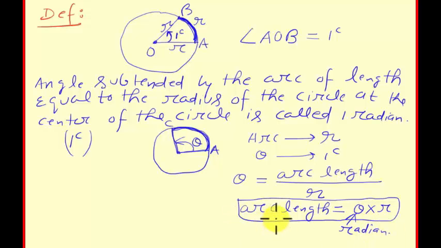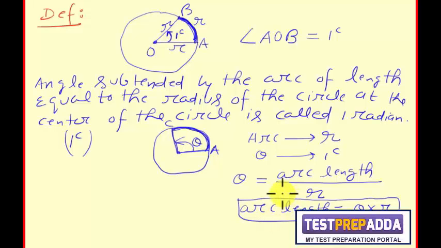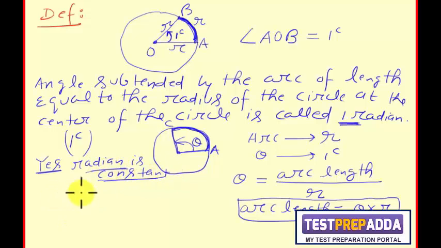But mind it, the angle theta is in radian. Got it? Now the question arises, is this radian a constant value? So we will try to prove this here. Yes, radian is a constant. How? We have taken a circle of radius r, right?